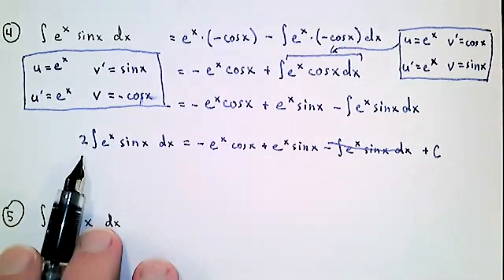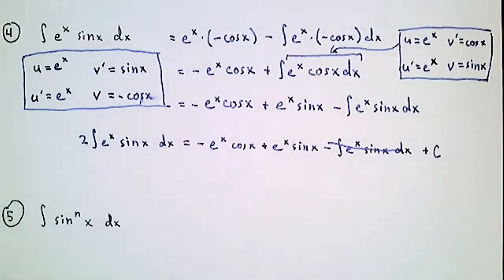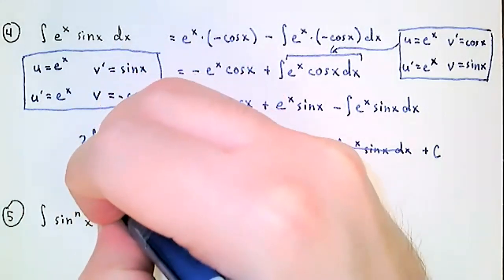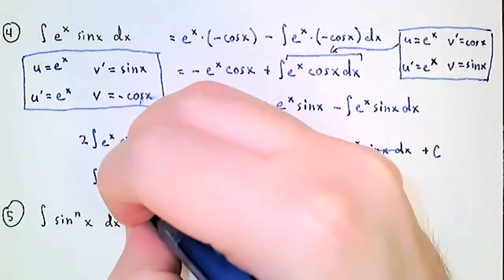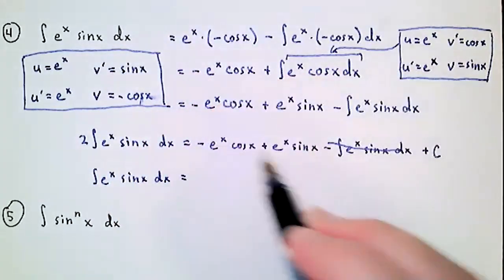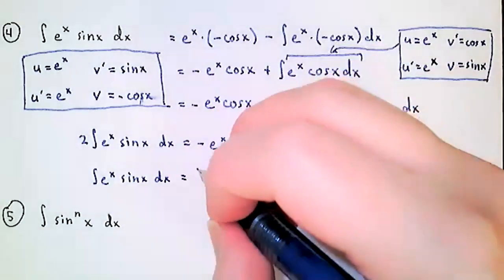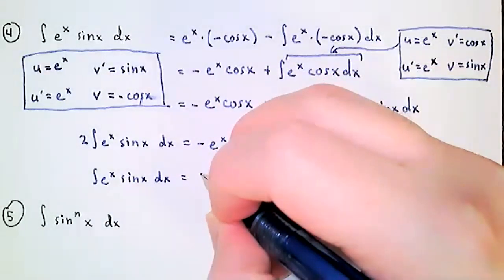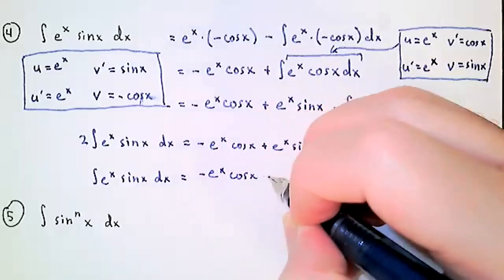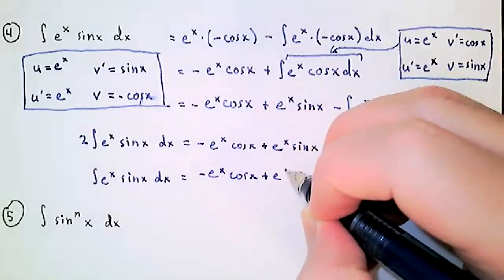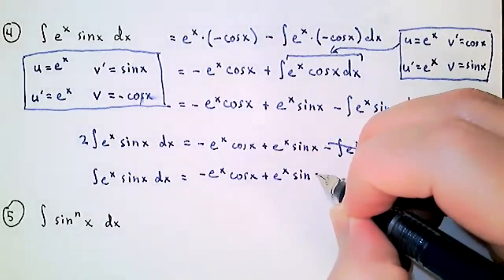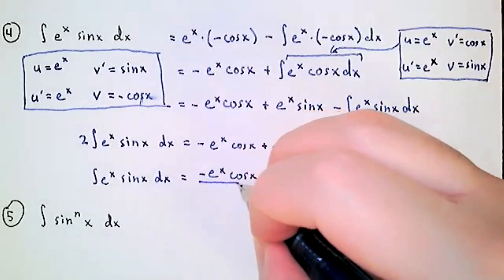The only thing left to do is to divide through by 2. So the final answer when we divide through is this. We just have this whole expression over 2. And you might notice that we could factor out an e to the x if we wanted to simplify even further.